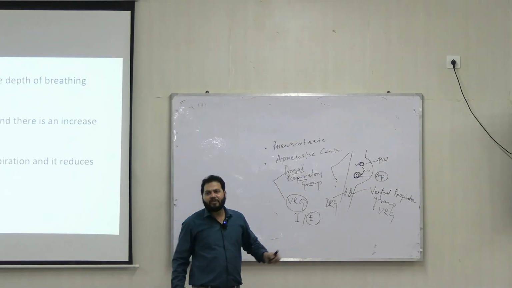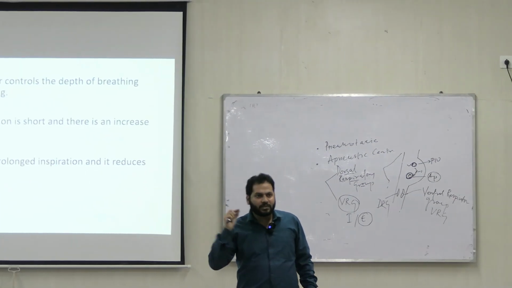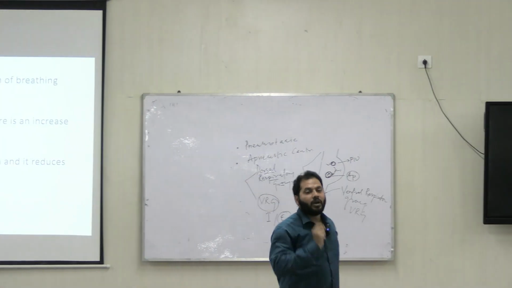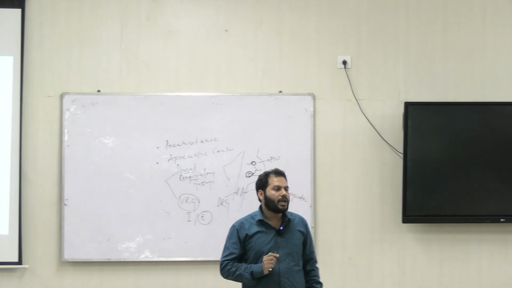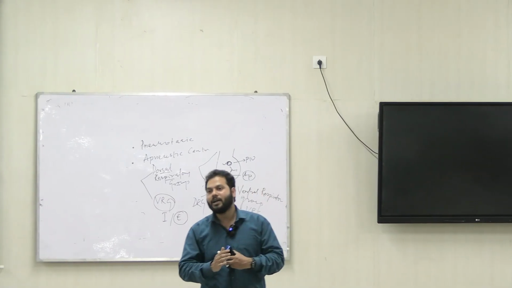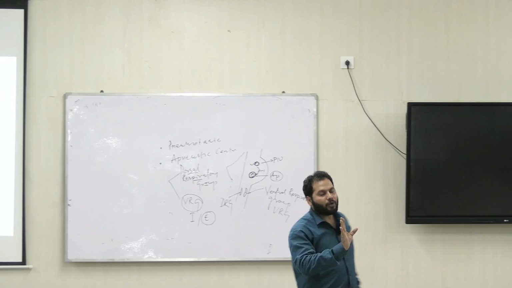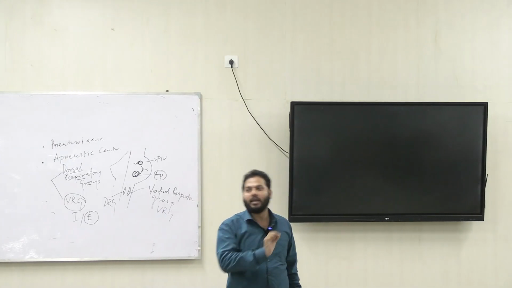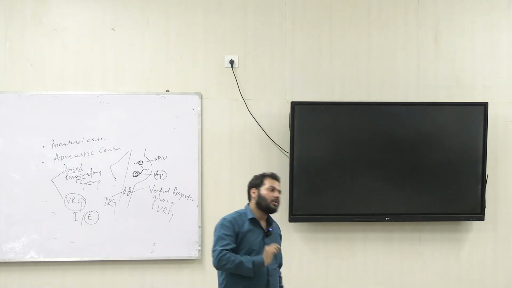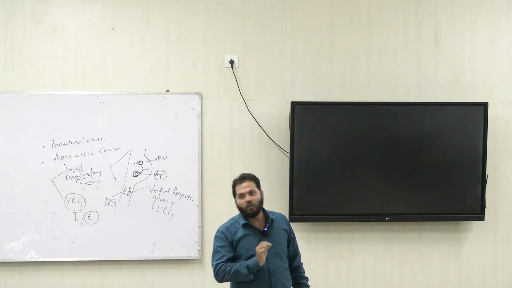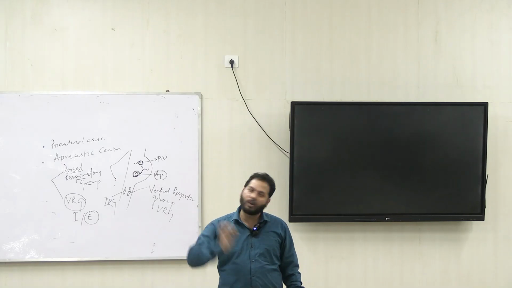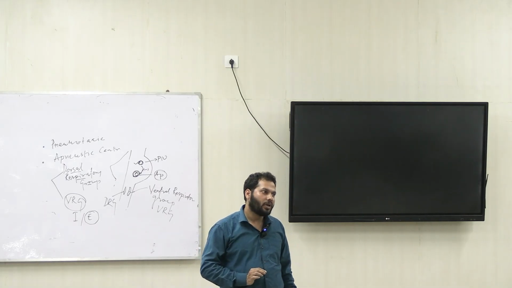If I want to brief the things that I have discussed till now from the neural regulation of respirations, I can brief in this way. The neural regulation of respirations is mainly of two types. One is voluntary control and another one is involuntary control.